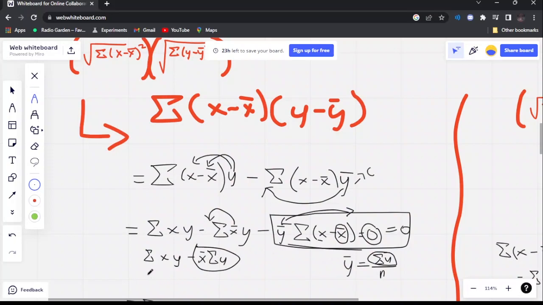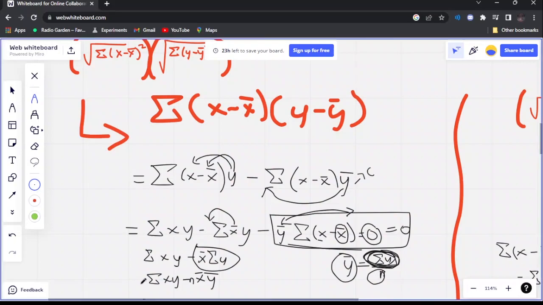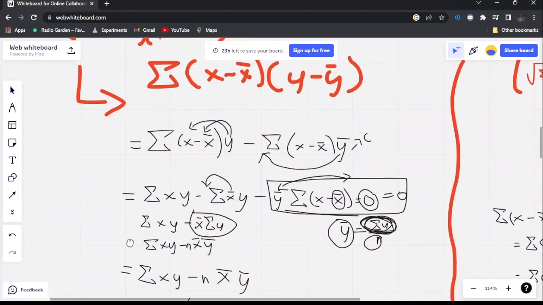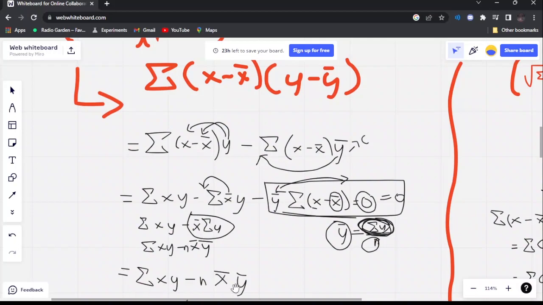So this term would be x bar times n, because we divide by n right here to get the mean, times the y bar to get exactly the summation of y. So this would end up looking like this.